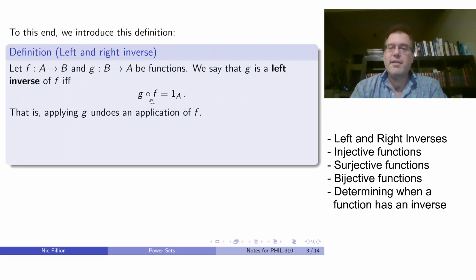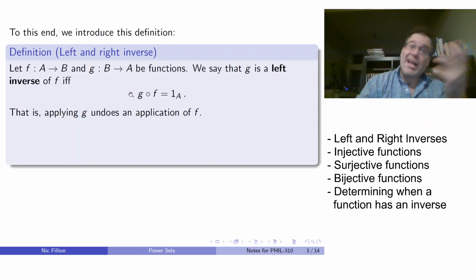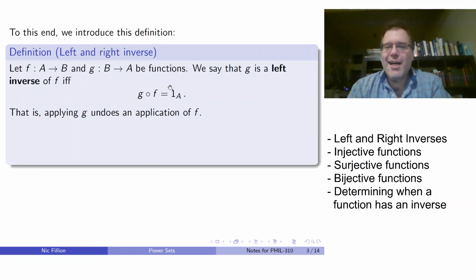It undoes it in the particular sense that G applied to the left of F results in the identity function.